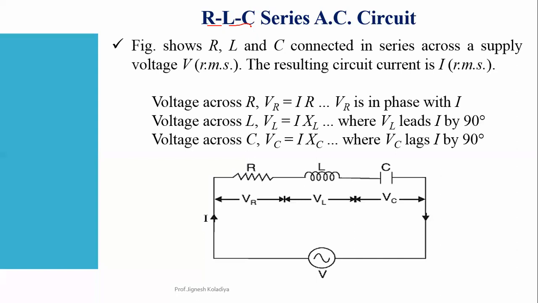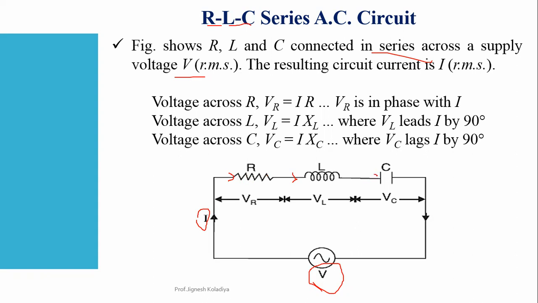Here the figure shows R, L and C connected in series across supply voltage V. You can see the RMS value of voltage is connected, and due to this the RMS value of current capital I is flowing, and as the circuit is series connected, the same current is passing through all three elements.